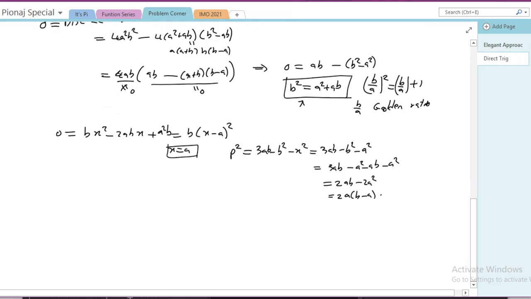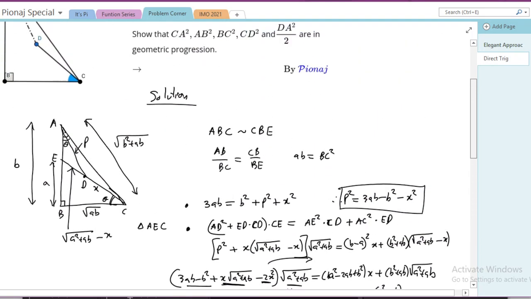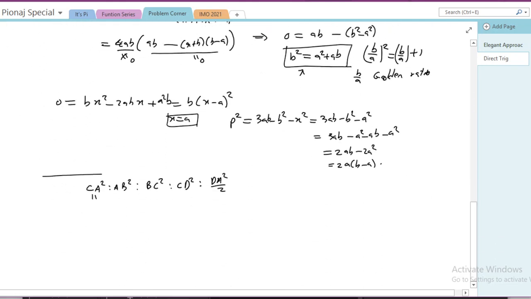All right, so with this now we have the major components we need. So once again we come back to the problem. This one, so CA squared, so CA was the biggest hypotenuse, which was b squared plus ab.